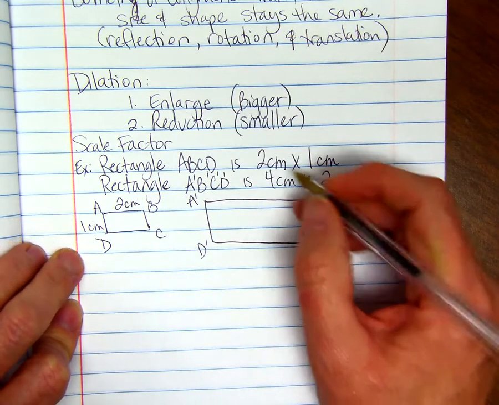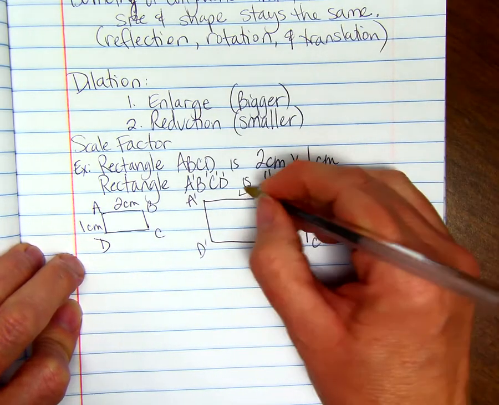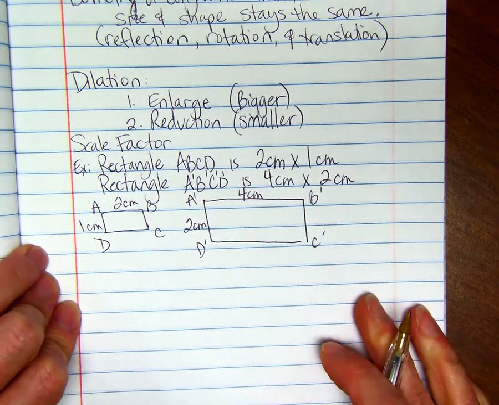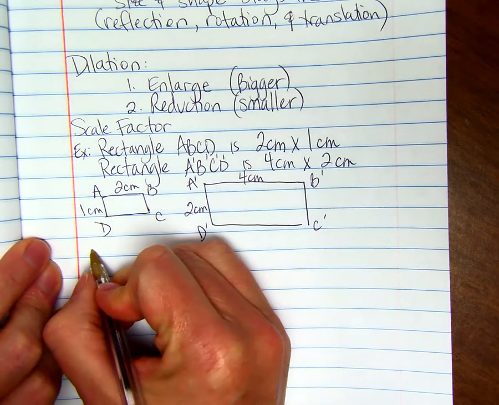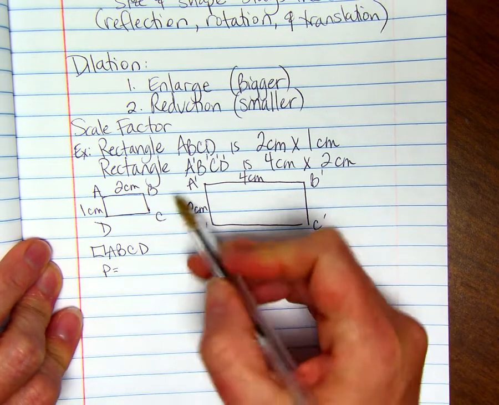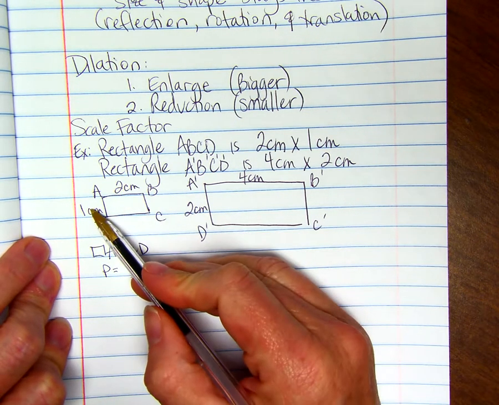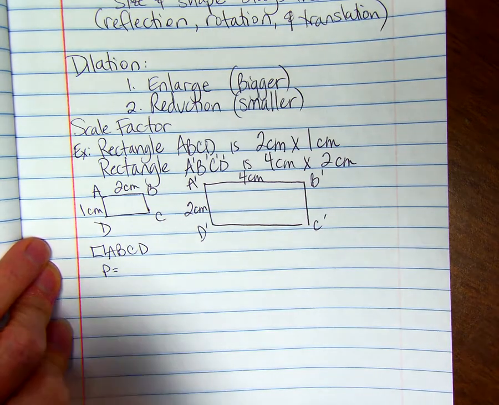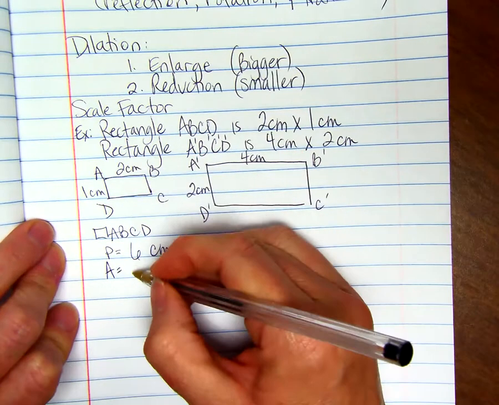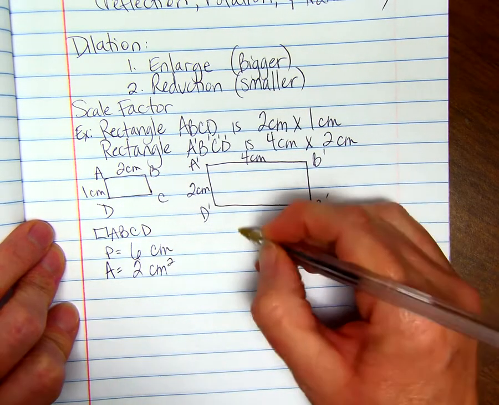And A prime, B prime is going to be 4 centimeters, and A prime, D prime will be 2 centimeters. So if we just look at rectangle ABCD, the perimeter is 2 plus 1 plus 2 plus 1 is 6 centimeters. The area will be 2 centimeters times 1 centimeter, which is 2 centimeters squared.